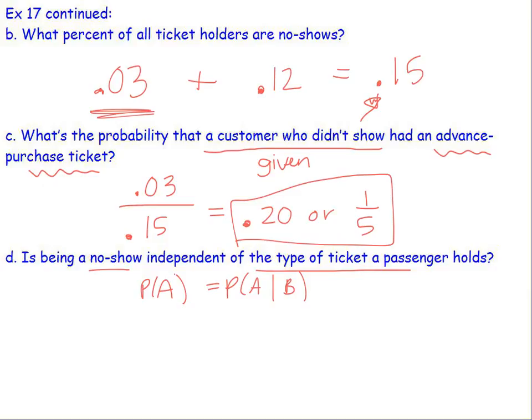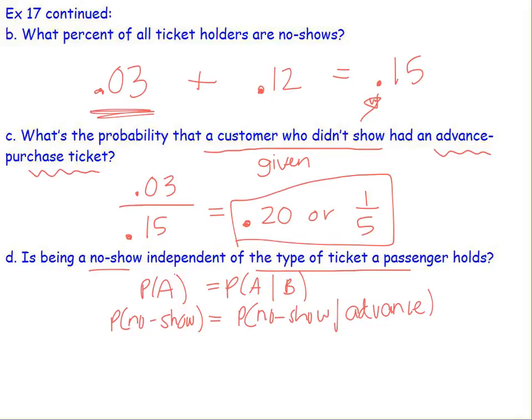It didn't specify, so it doesn't matter which one you choose. You can choose either the advanced or the regular. I'm just going to do the advanced. So the B is the advanced, which means the A is the no-show. We're trying to find the probability that there was a no-show, and does that equal the probability of a no-show given you bought advanced tickets?